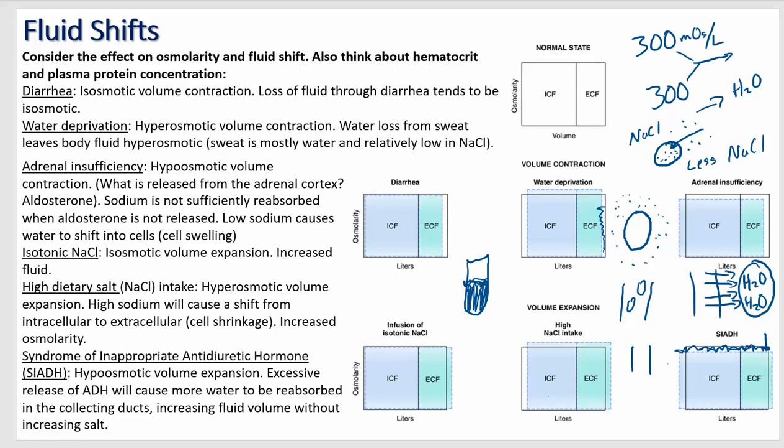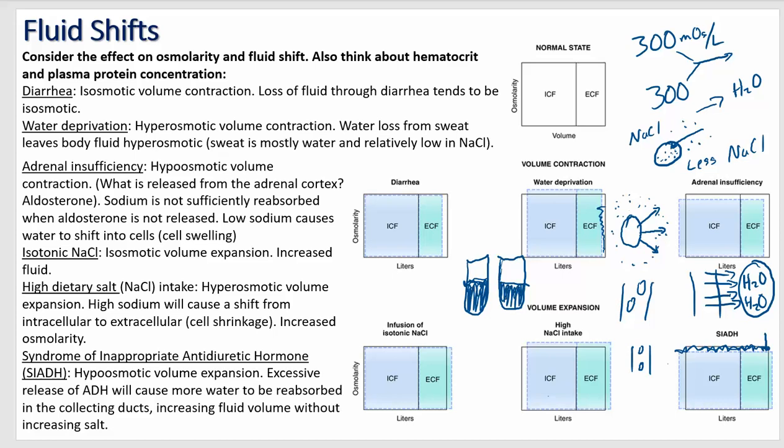But the interesting thing about red blood cells is that they get smaller in this kind of situation. There's a fluid shift out of the red blood cells, and they shrink. So you may have the same number of red blood cells, but because they're smaller, they're taking up the same proportion.